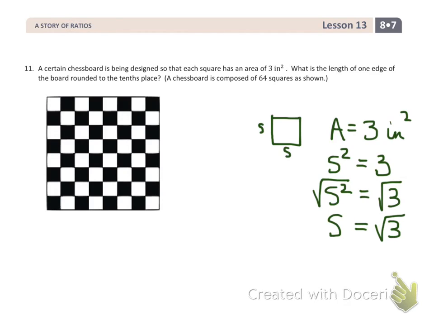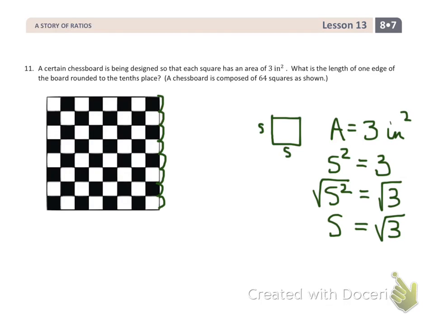right? So what we want is the length of one edge of the board rounded to the 10th place. Well, I just found out what that length is, and there are 1, 2, 3, 4, 5, 6, 7, 8. There are 8 of those on the side of the chessboard.